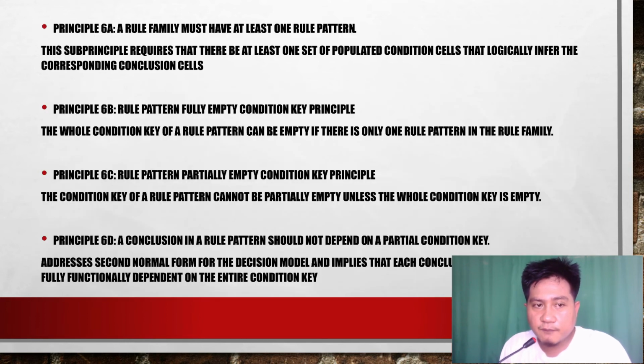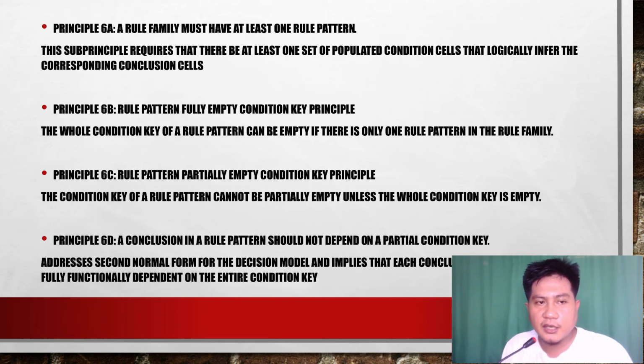Now principle 6B, or the second sub-principle, says that a rule pattern's fully empty condition key: the whole condition key of a rule pattern can be empty if there is only one rule pattern in the rule family. So this can be empty if it only has one rule pattern.